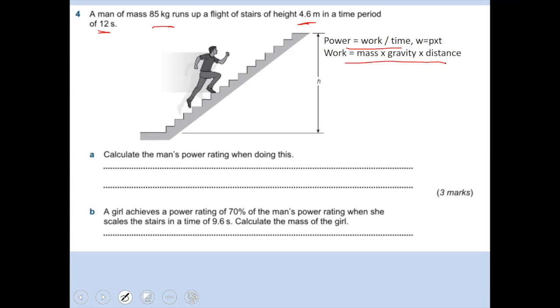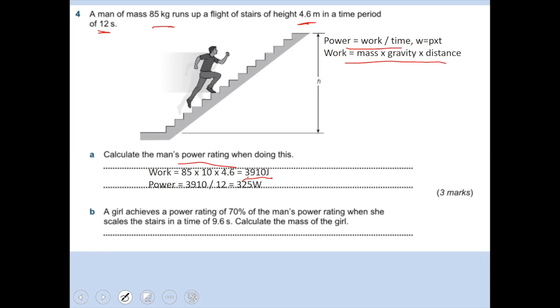Okay, so for question A, we calculate the man's power rating, which is the same thing as the man's power. We're going to put these figures through the first equation and then into the second equation. So that's simply 85 times 10 times 4.6, giving 3,910 joules.